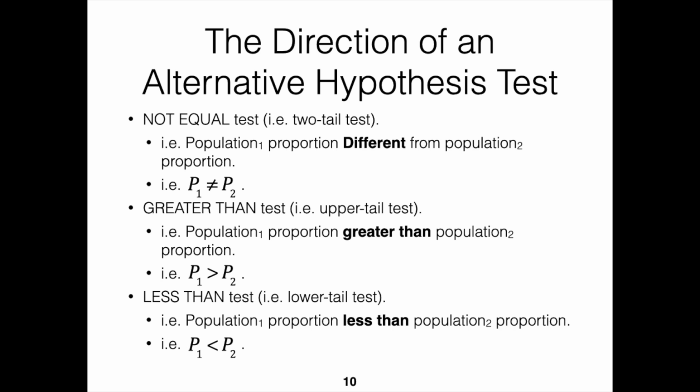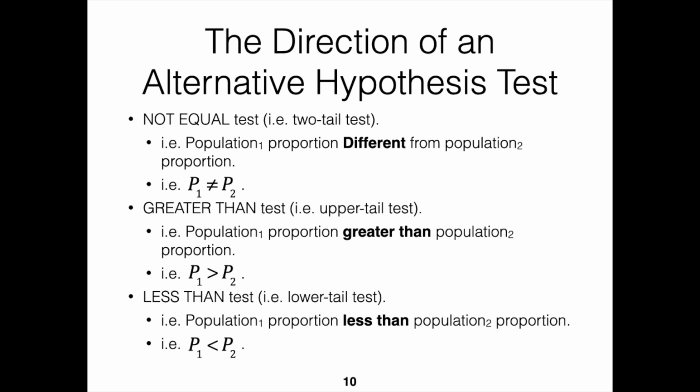We might think that the proportion for one group is less than the proportion for the second group, in which case we're doing a less than test. Or we might think that the proportion is greater for one group compared to the other group, in which case we're doing a greater than test.